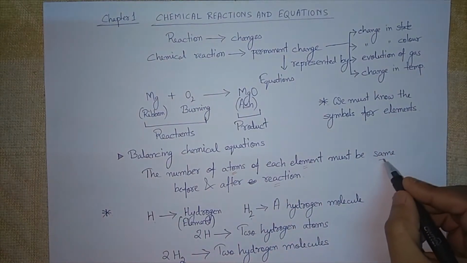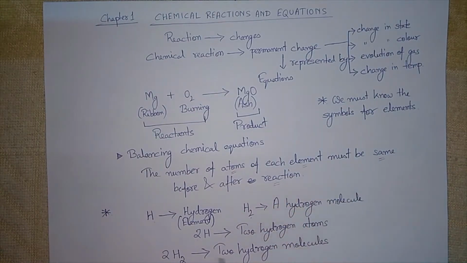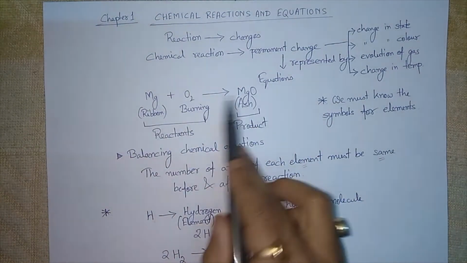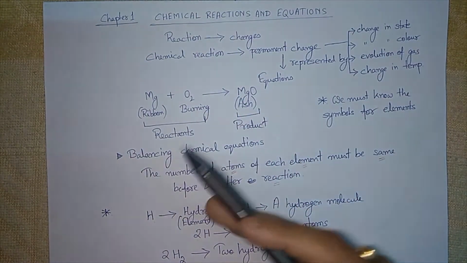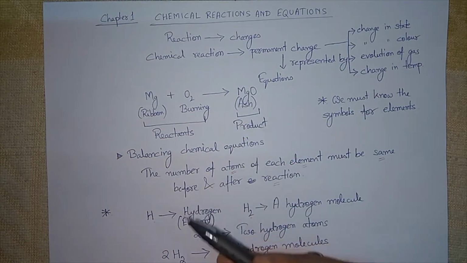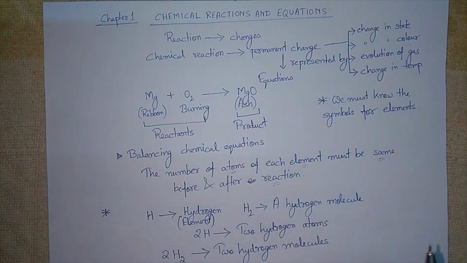But it is not necessary that while writing a chemical equation we always must balance it. The chemical reaction may be unbalanced and that is also correct. But generally, it should be balanced. Mind the statements.